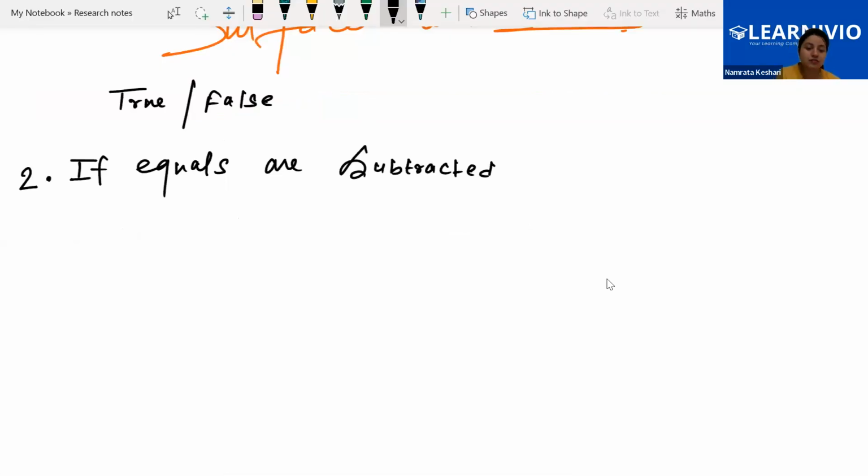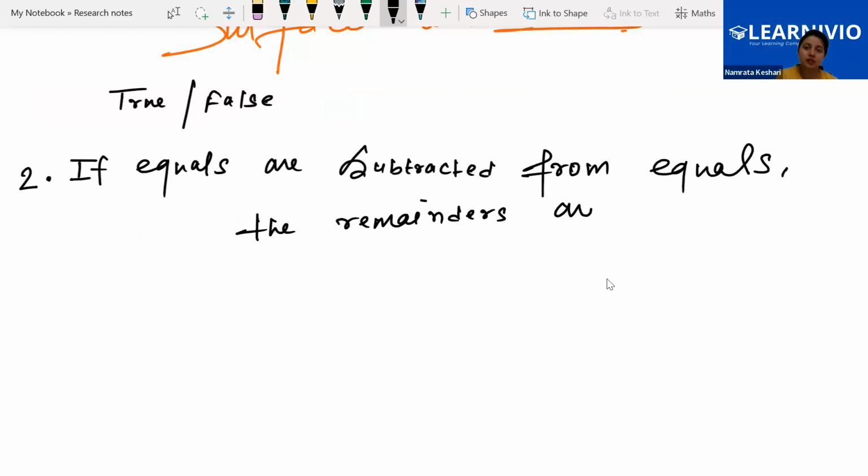Now the question is if equals are subtracted from equals, the remainders are equal.